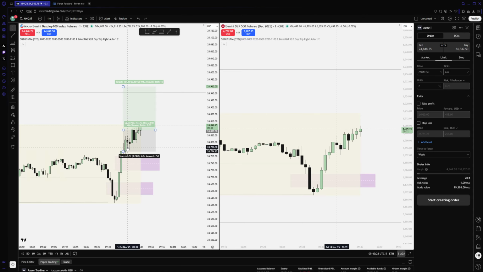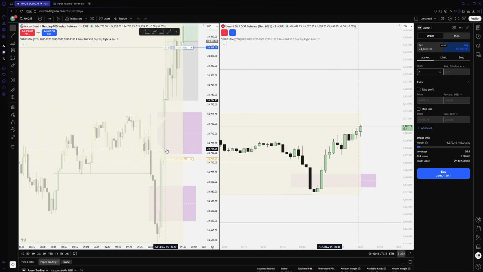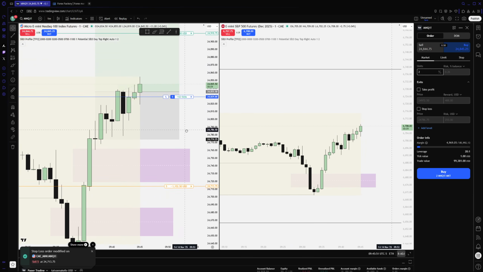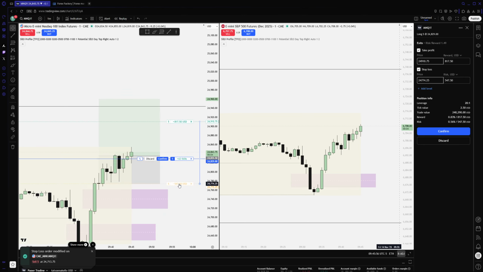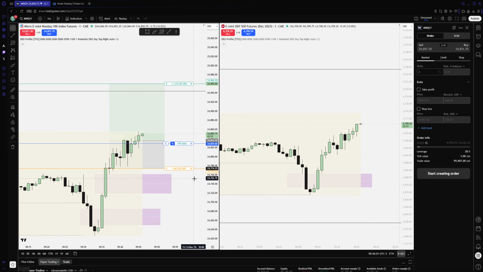Guys, I would have been in this trade from like here. I would have already been in this. It's not entering me. What the fuck? I'm sorry, what the hell is this? This stupid ass thing, bro.